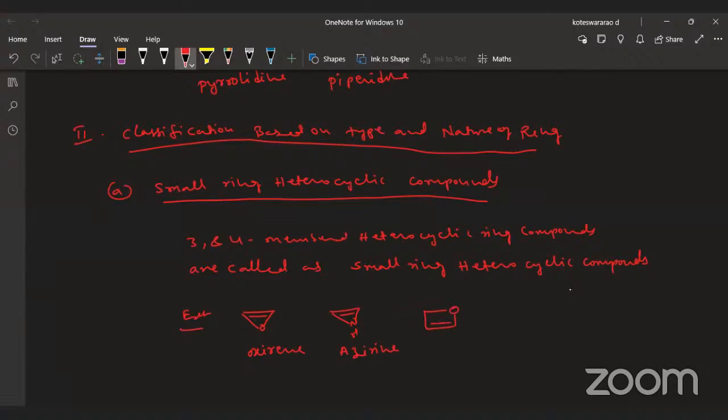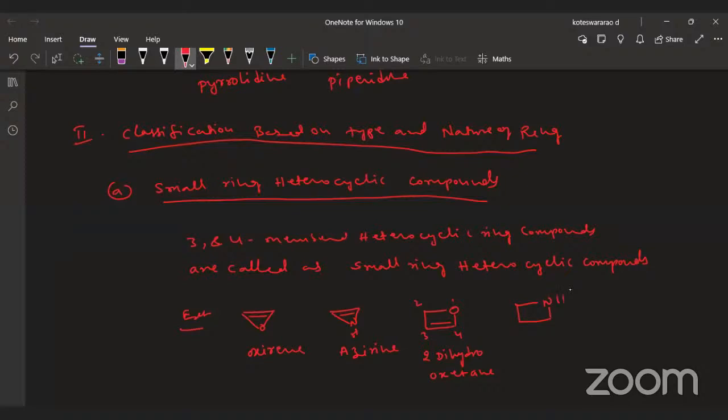Whenever we are giving the numbers 1, 2, 3, 4, this is 2-dihydro oxete. Whether fully saturated or unsaturated, if the ring has 3 atoms or 4 atoms, it is denoted as a small ring heterocyclic compound.